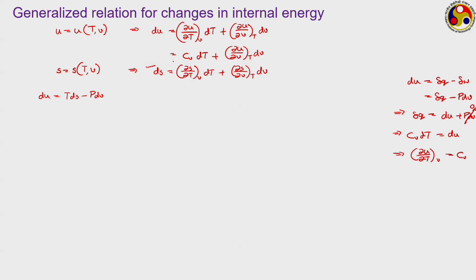So, if we put this expression for ds there, we have T into (∂S/∂T) at V dT plus T into (∂S/∂V) at T minus P dV.